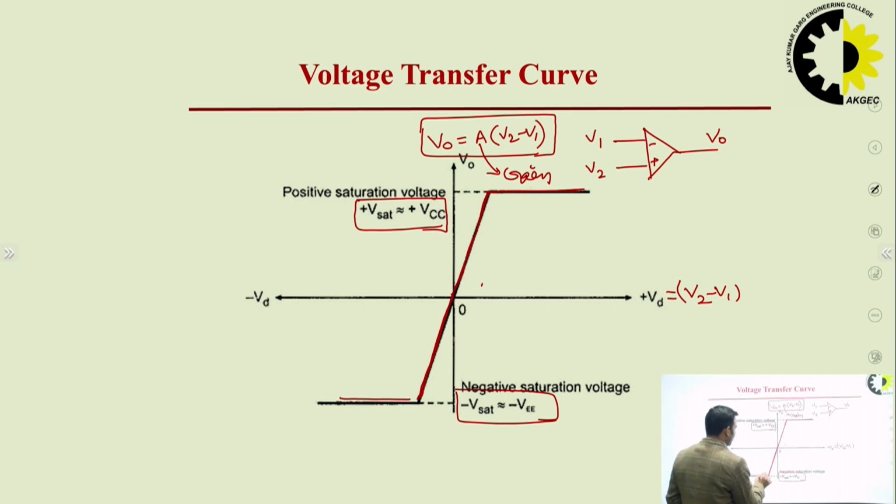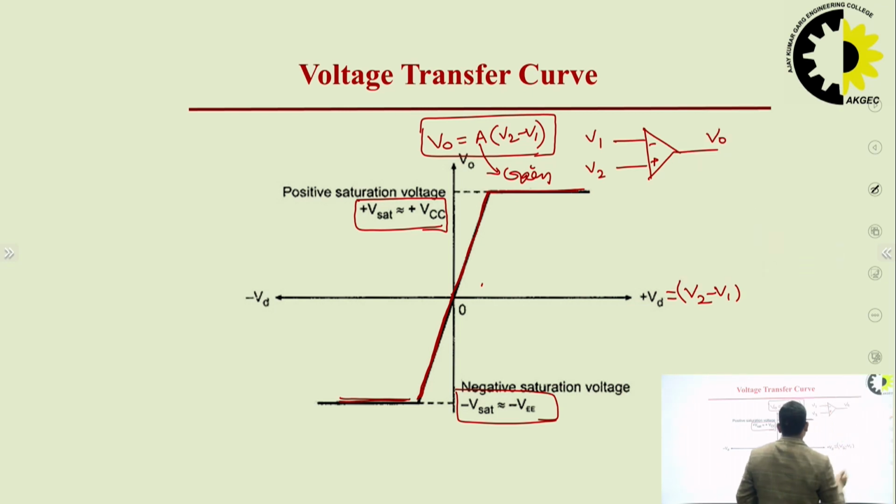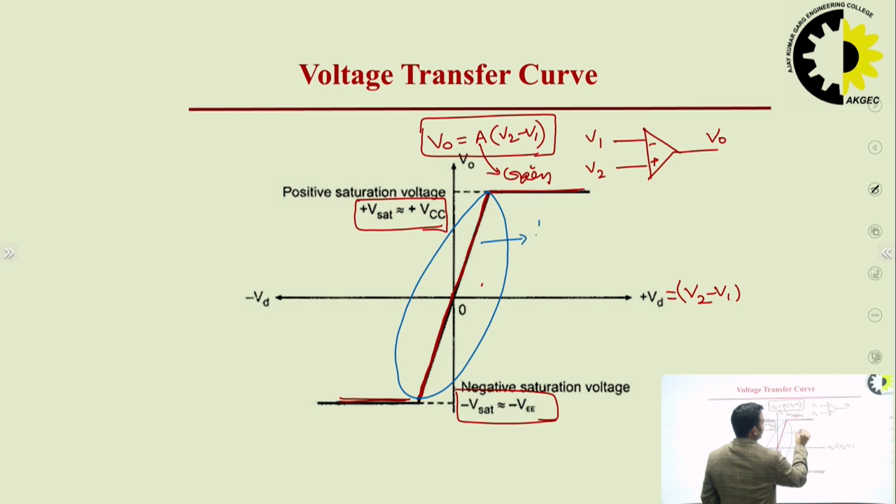And remember that in this region only, let me change the color, in this region only, the operational amplifier is working as a linear device. This is the linear region. After that, it will saturate.